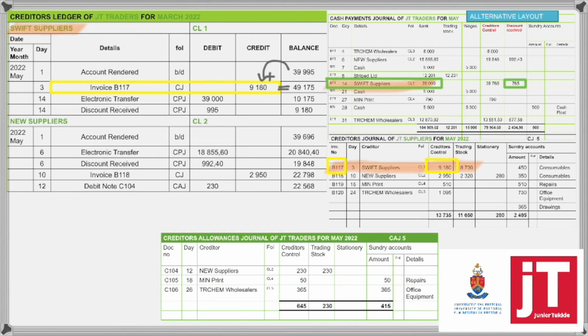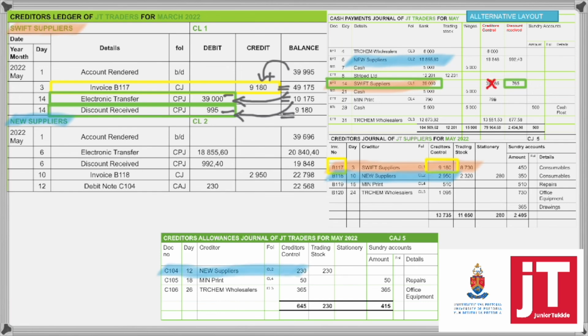And then they transfer the amount. Now, if it's the alternative layout, you will not look at the total in the creditors control column here. You will have to look at the amount that was paid and record the discount separately. So when you record them, you have to minus the one off and then record the other ones separately in there.